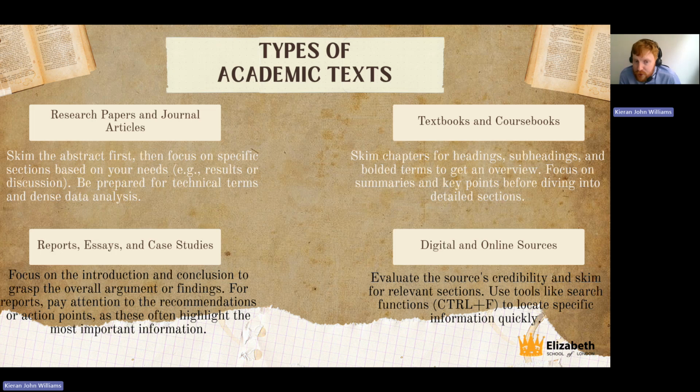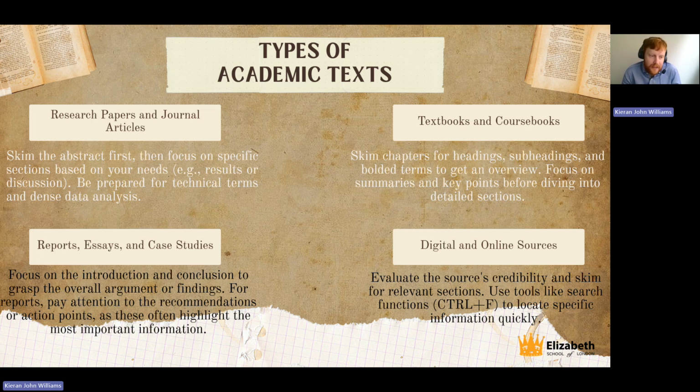There may be some chapters you don't need to read, so skip over them. But you can also have a look at the headings, subheadings, anything that is in bold in order to get a general idea of what the text is about. Once you've done that, then you can read into that a little bit more. But make sure you save your time by looking at headings, looking at the chapter titles, things like that.